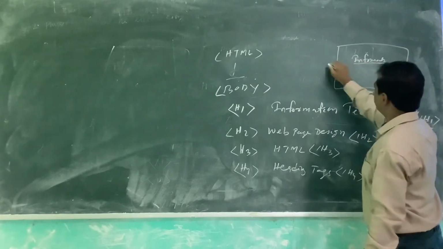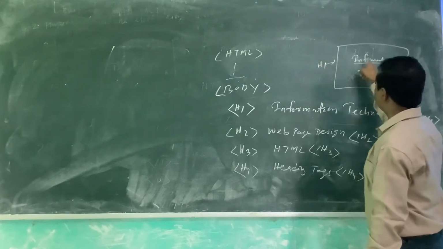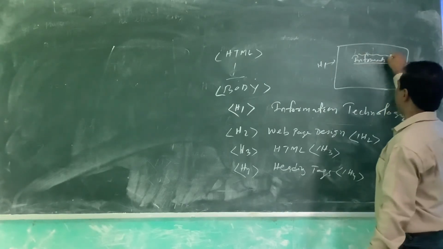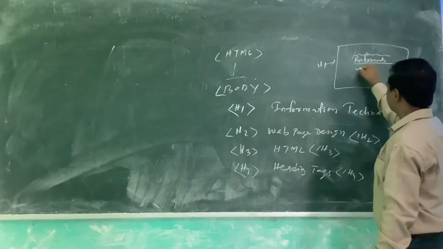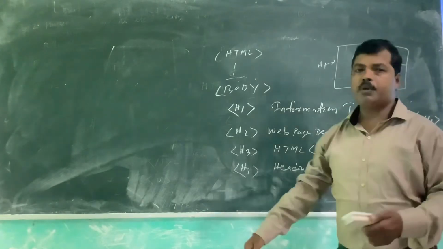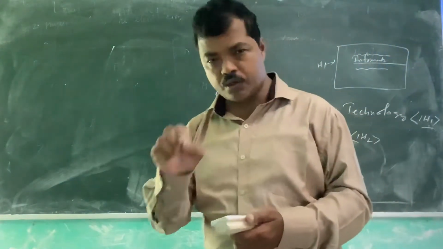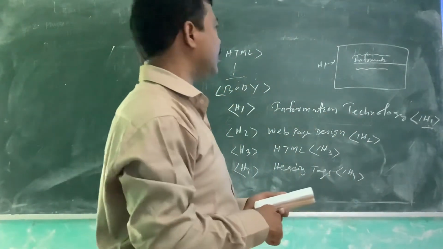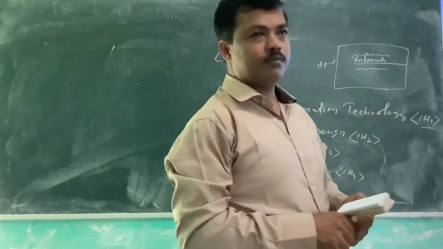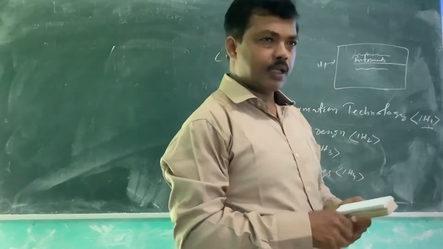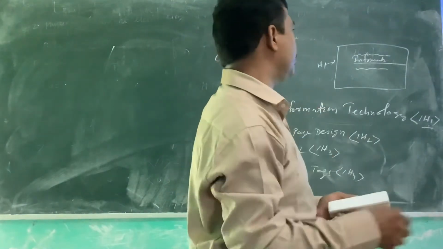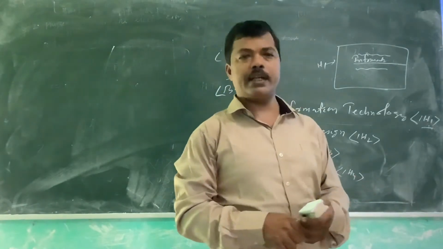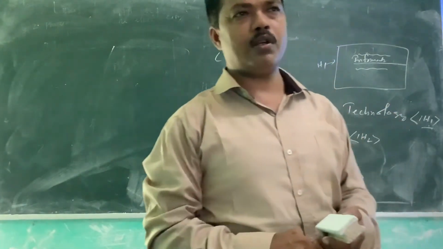This is the heading 1 text, and before the text you can see 1 black line here and 1 black line here. That means 2 black lines will be created if you use the heading tag in your HTML document.